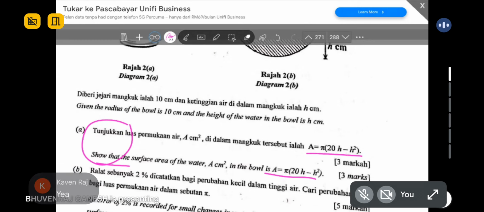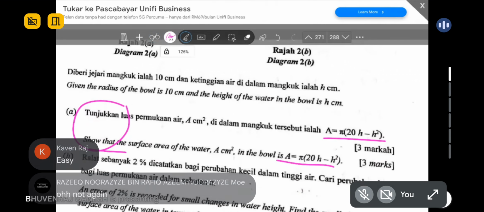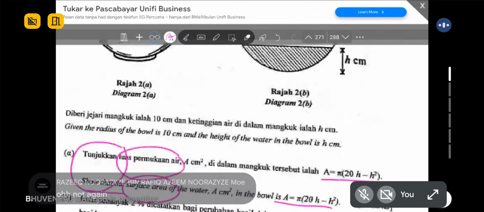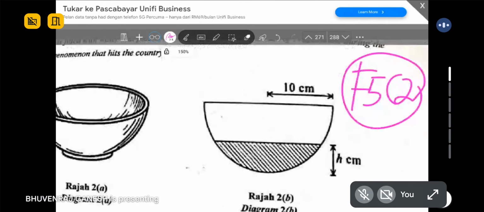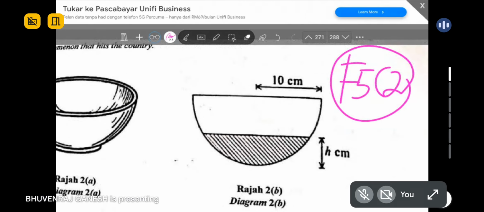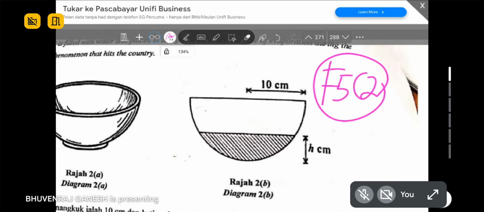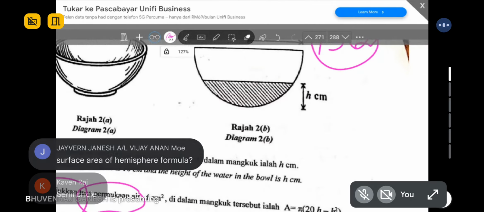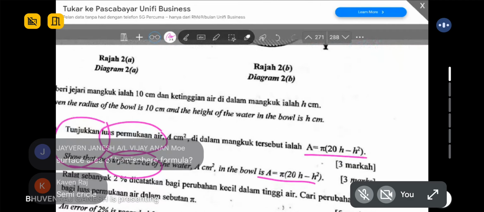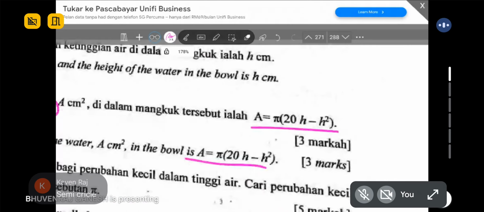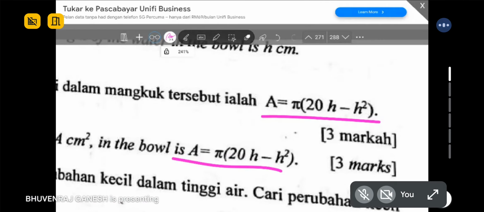Try to do it. So how to find, guys? They ask you to show the surface area of water. They give you a picture already. Can you see that? So how to show? You see the formula.